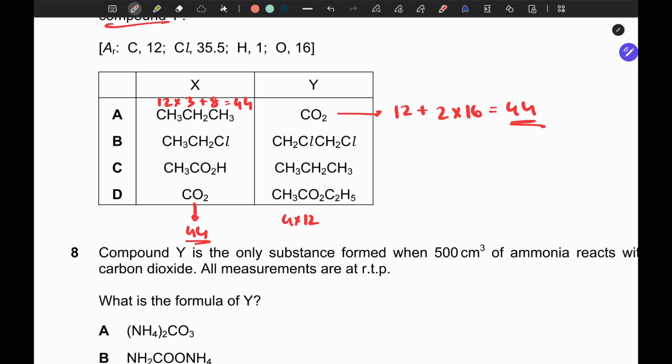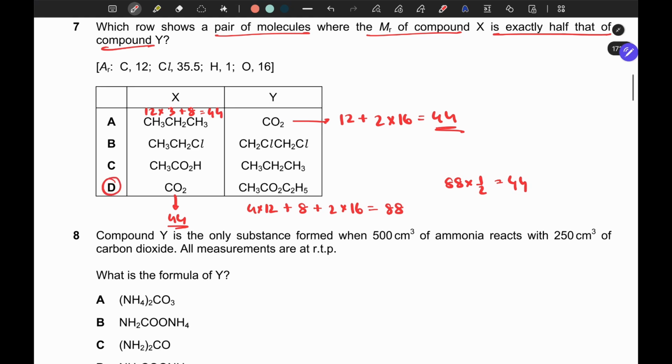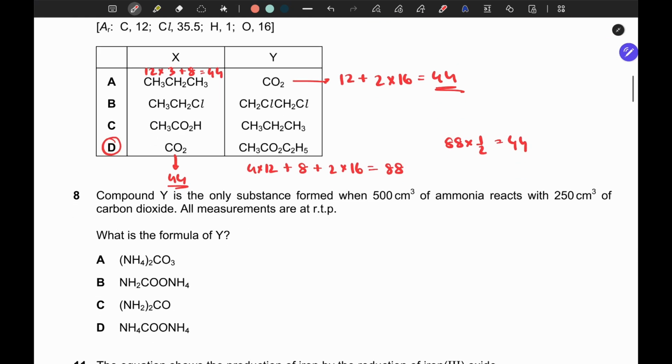The number of hydrogens in this case would be 8, and we have 2 oxygens, so that's plus 2 times 16. If you were to calculate this, we would get 88. And since 44 is half of 88, it fulfills the requirement of the question. In that case, the answer here should be D.